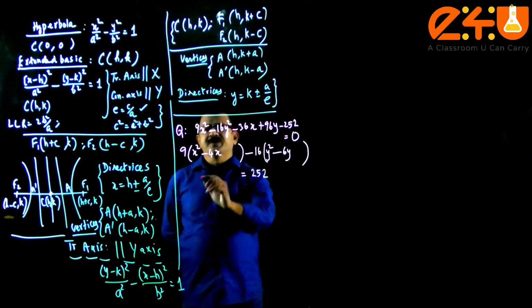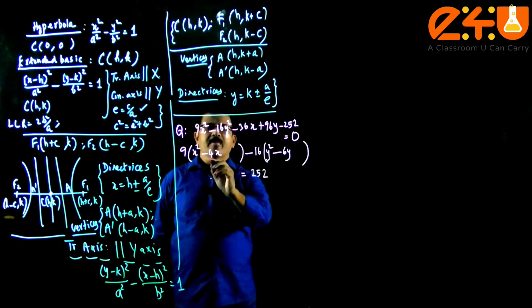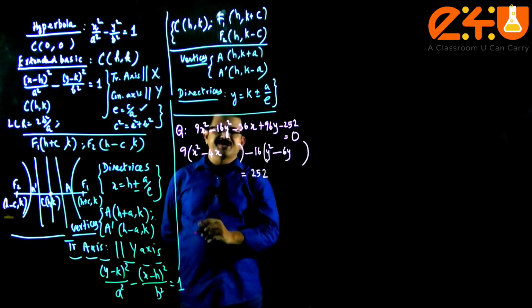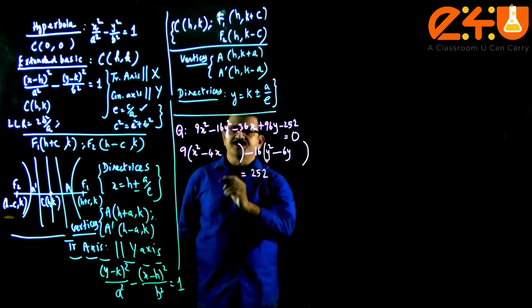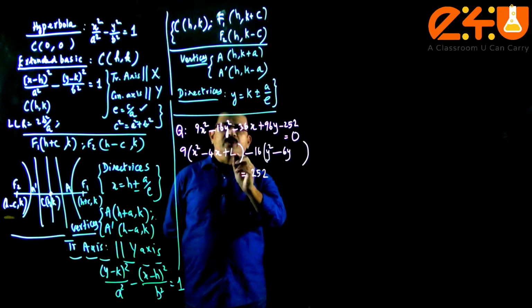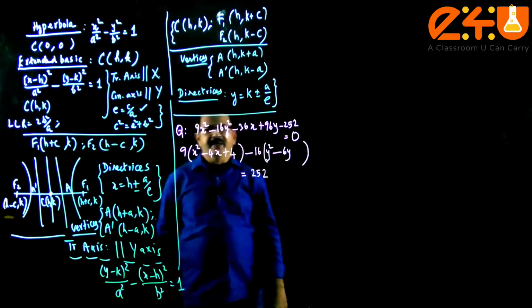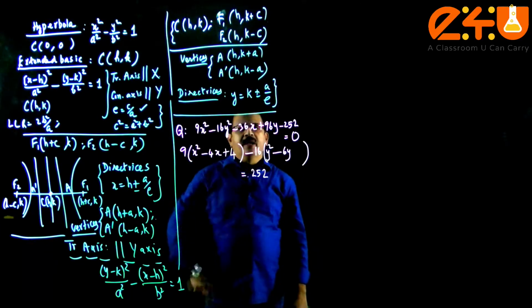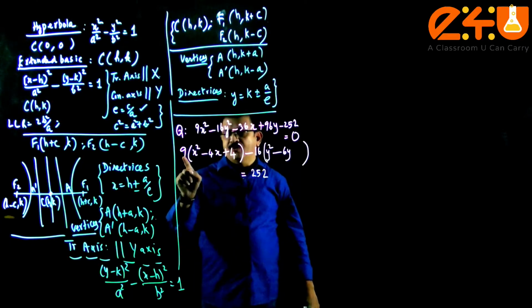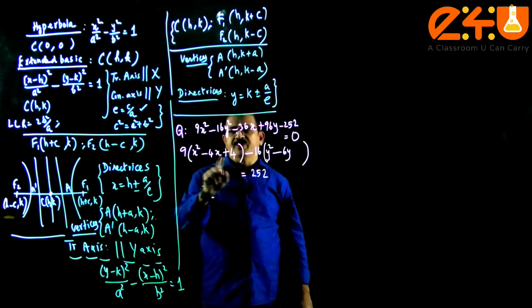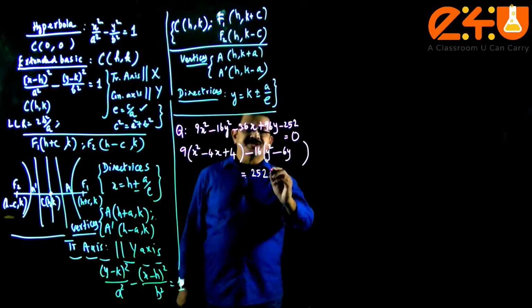Now students know what we are going to do here. Take the coefficient of x, which is negative 4, make it half of it, minus 2, square it, and add, that gives plus 4. But by adding 4, what we have done is we have added 9 times 4, so we have added 36.